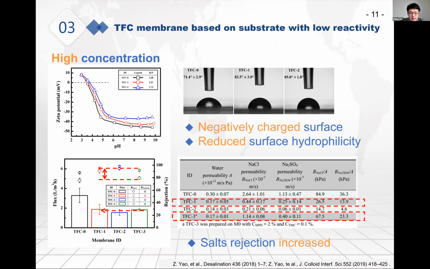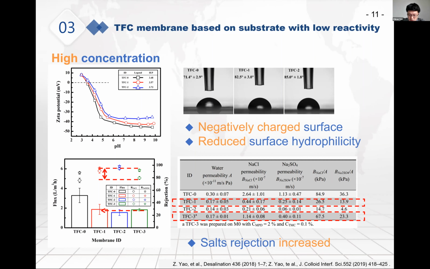Then we tested the filtration performance of the prepared membranes. Here we prepared another control TFC membrane on the inert PVC substrate, TFC3. This membrane showed similar water permeability to TFC1, but much higher salt permeability, which means much lower salt rejection.